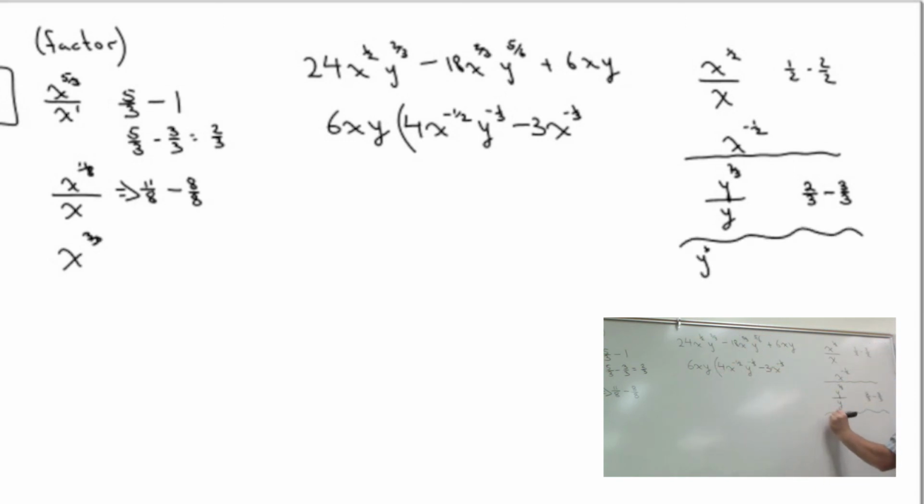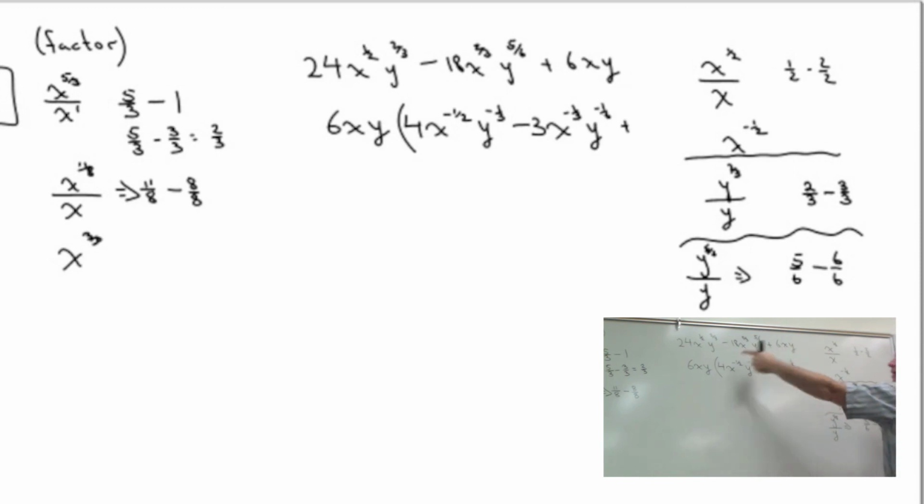That's going to be 5/6 minus 6/6, better known as negative 1/6. So we get y to the negative 1/6 plus 1. Because 6xy divided by 6xy is 1. Now that's the book style factoring.